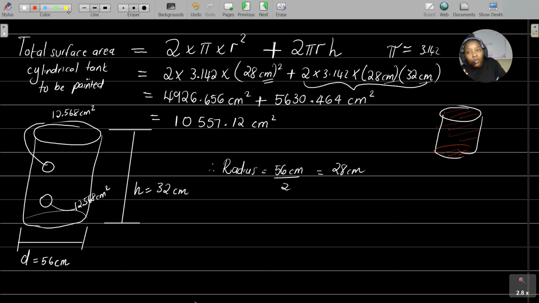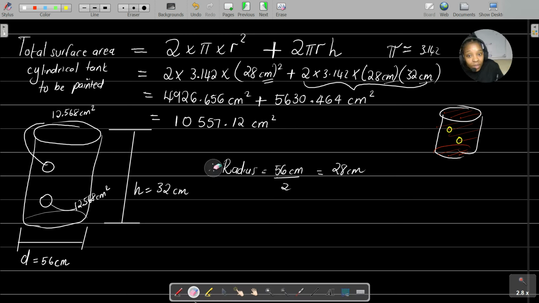We already know that you've got holes there, and we're not going to be painting those holes. So we now need to subtract the area of those holes from this area to obtain the total surface area that we're actually going to be painting.